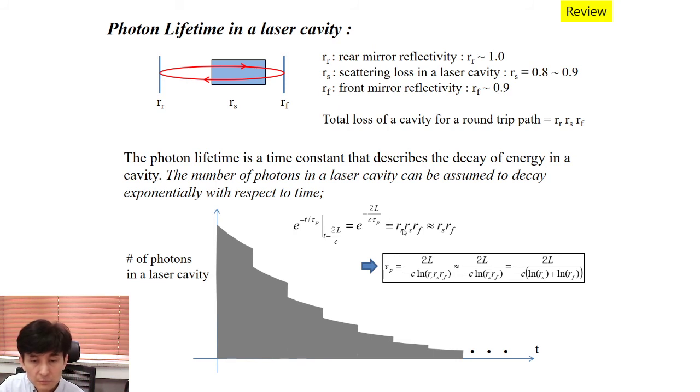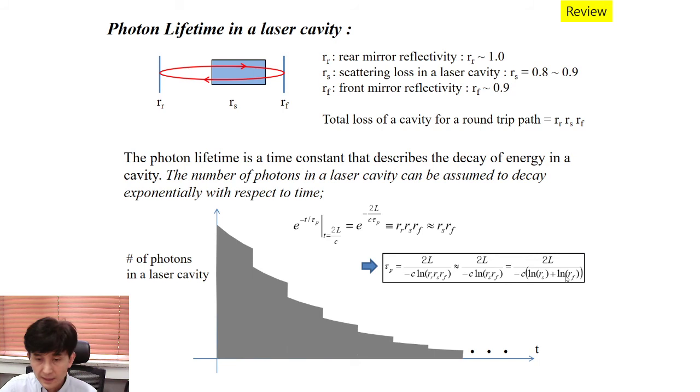So from this relation, this one equals this, we have the lifetime of a photon inside the cavity equal to 2L over minus c ln of Rs RF.